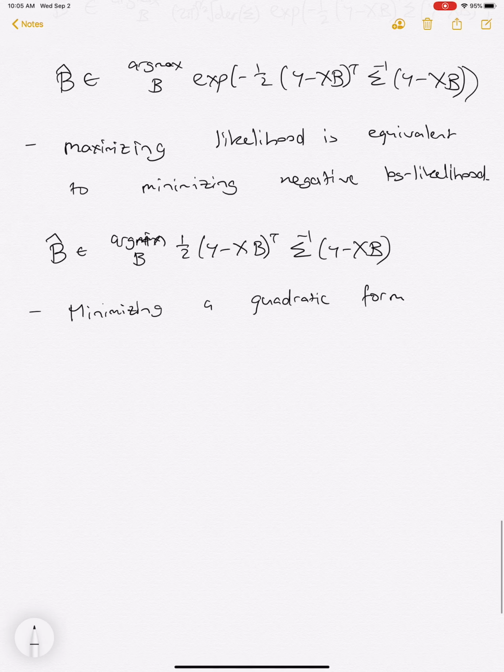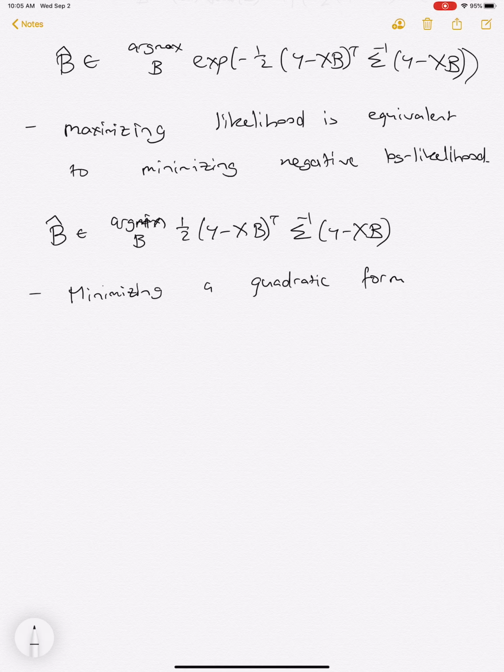So how do we do this minimization? Once again, this is nice. It's a quadratic form, so we can just differentiate and set to 0. So any b hat satisfies the equations.